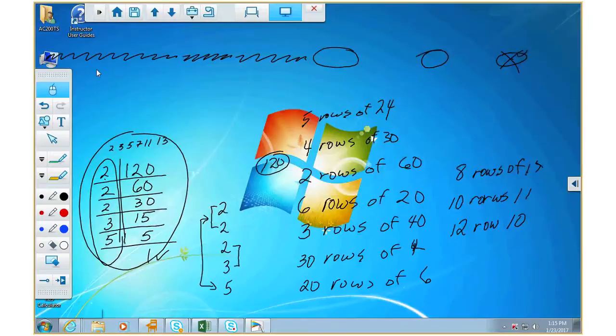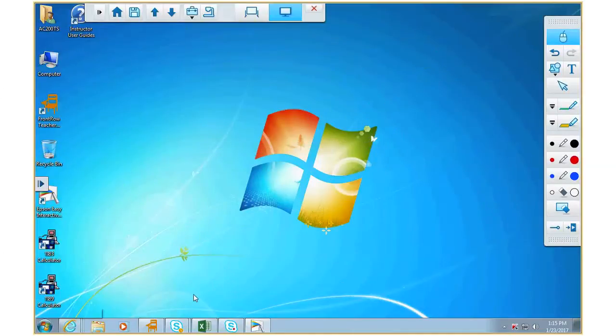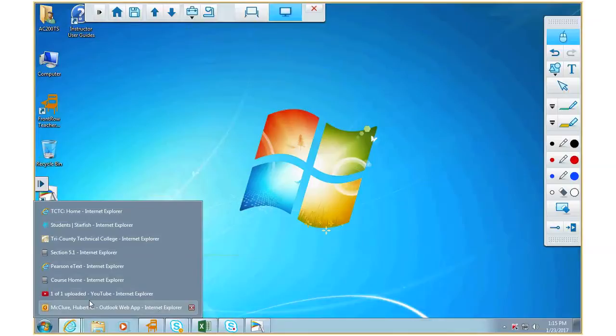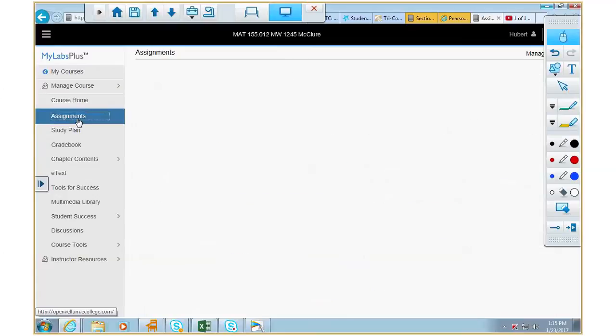Okay, now let's do a couple of homework problems with GCD and all that good stuff, just to make sure everybody's got what they need. Where is assignments? Is it under assignments?